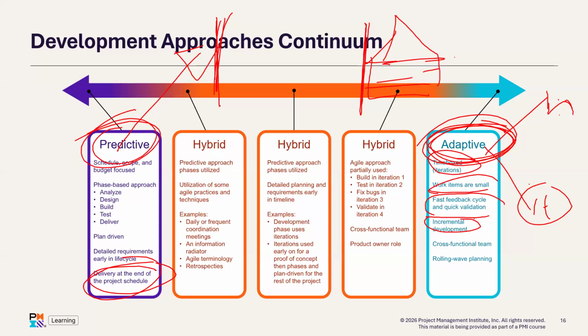That's the incremental approach. When we come to the adaptive approach, we work with a team called a cross-functional team. In a predictive approach, we have what we call the project management team or the project team. In the adaptive approach, we call them the cross-functional team.